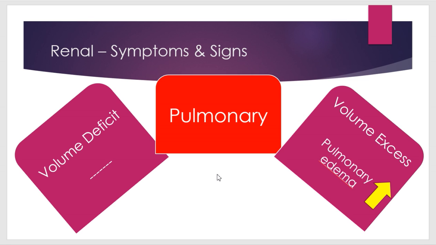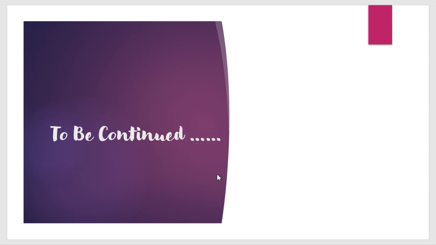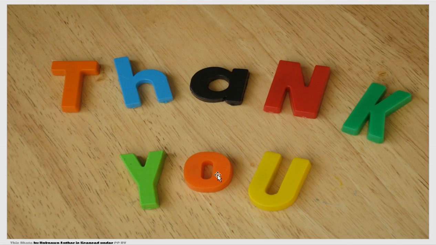But yes, these are the common symptoms and signs we have discussed whenever a patient presents with volume disturbances. Okay, in the next video we'll be continuing with the discussion. Any query, you can write to me. Thank you so much.